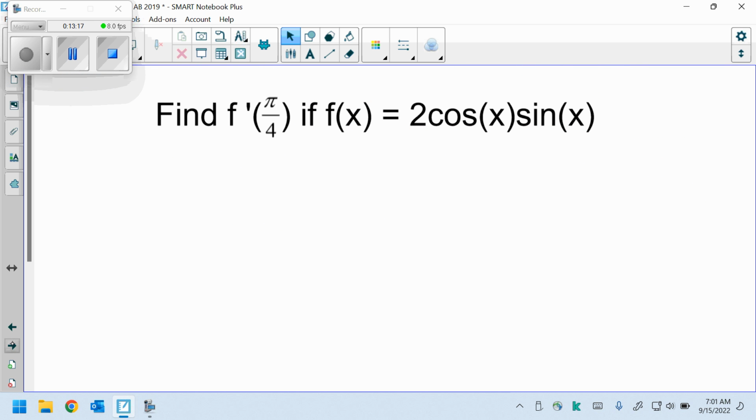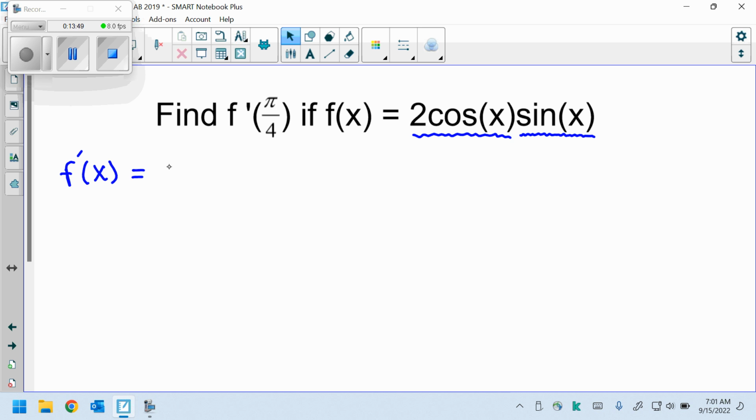All right, we finish up trying to find the derivative at a particular value of x. So we need to find the derivative. We'll find the derivative with x's. Find the derivative of that function, we're going to have to use the product rule. So we're going to find f prime of x, and once we have, we'll replace all the x's with pi over 4.